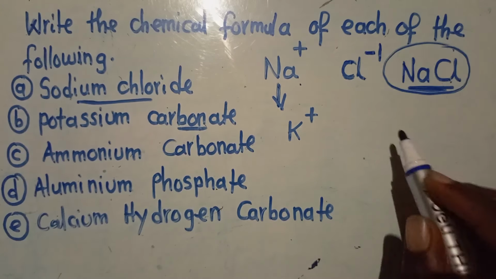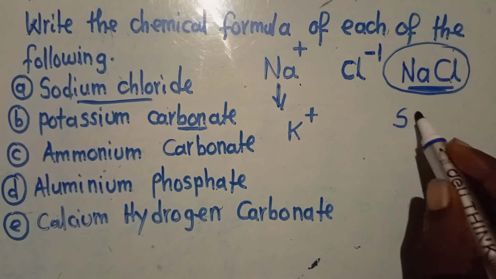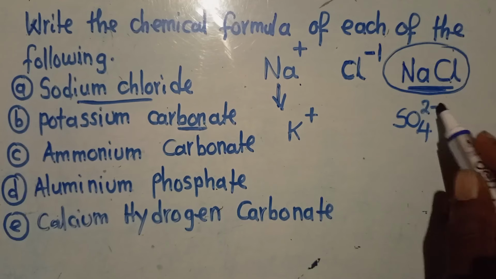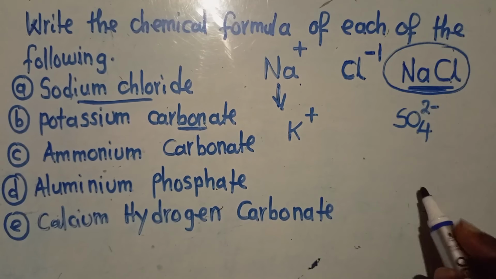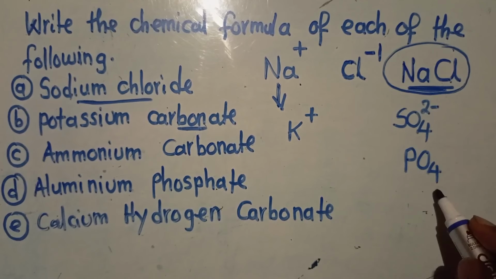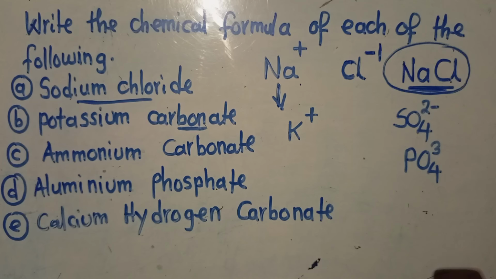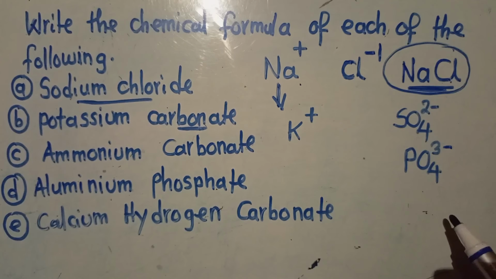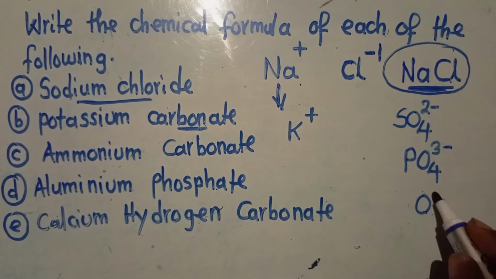There are some radicals that you are supposed to know, like a sulfate. It has got 2 minus, meaning that the valence is 2. You also need to know a phosphate. It has got a valence of 3, like that. This is what you are supposed to know. So it has got a minus there. You also need to understand that we also have a hydroxide.